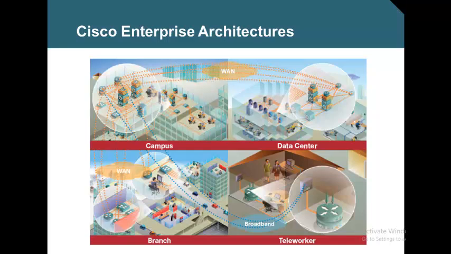Big companies will have many branch offices, data centers, teleworkers. A small company may not have all this. So we are focusing on a medium to big size network in this chapter. That's what we call an enterprise.